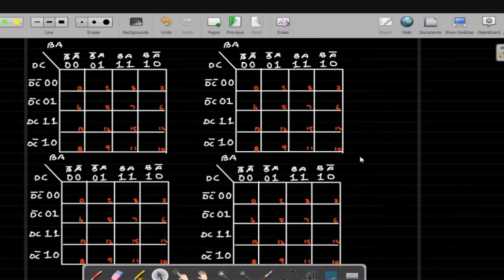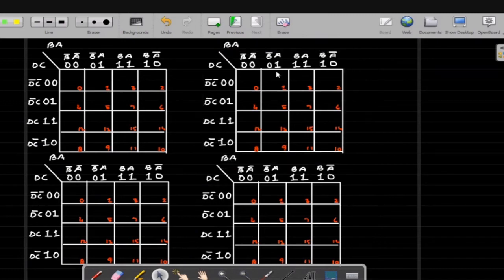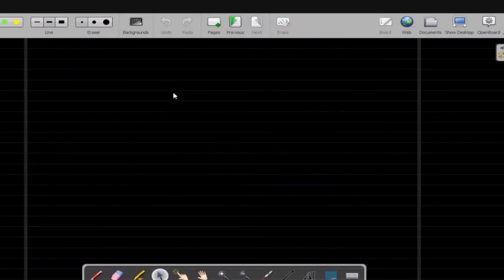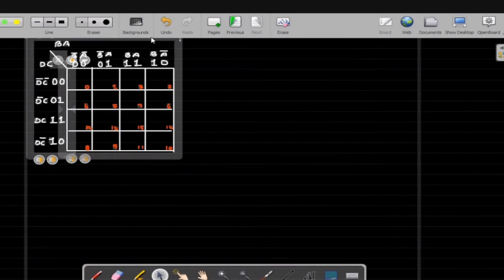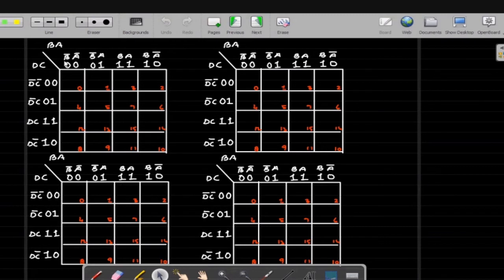One more I think I am required, so we will take it in a new page here. So what we can say, this first map is for, let's say, B naught.